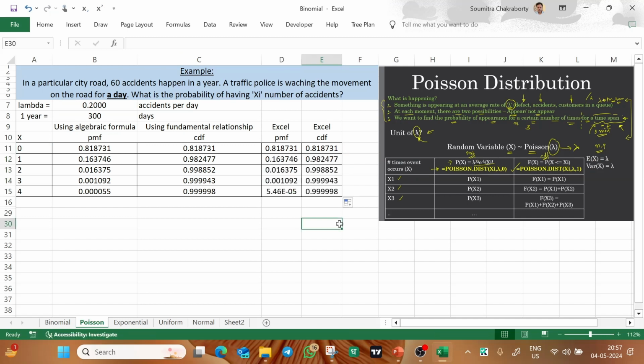So I will copy this, and you can see here both these values are matching. These PMF values are matching with these PMF values, and this CDF is matching with this CDF. So either you use the algebraic formula and fundamental relationship to calculate PMF and CDF, or otherwise you can use the Excel PMF and Excel CDF functions directly. Both are correct.